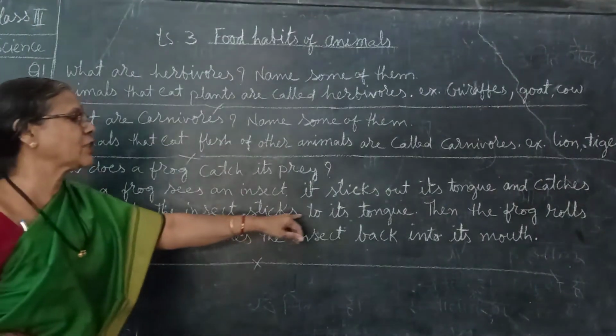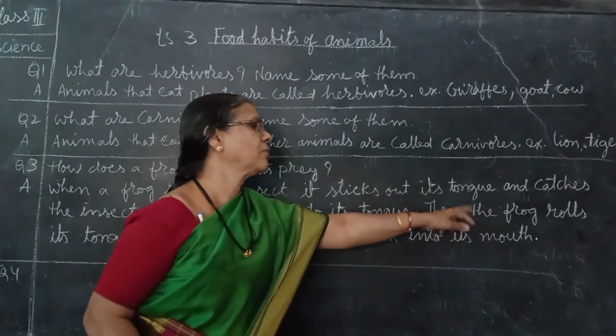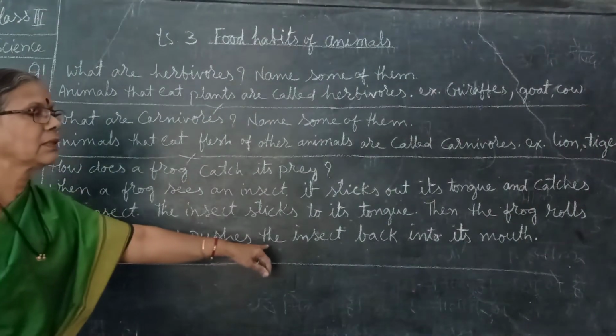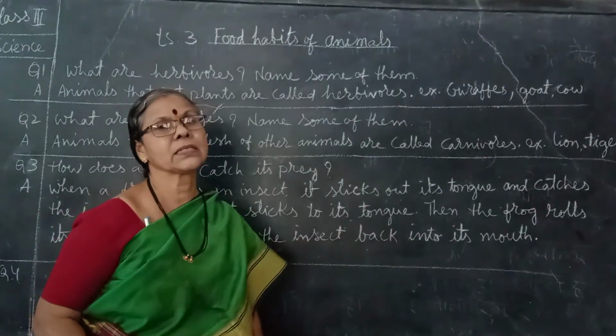The insect sticks to its tongue, then the frog rolls its tongue and pushes the insect back into its mouth.